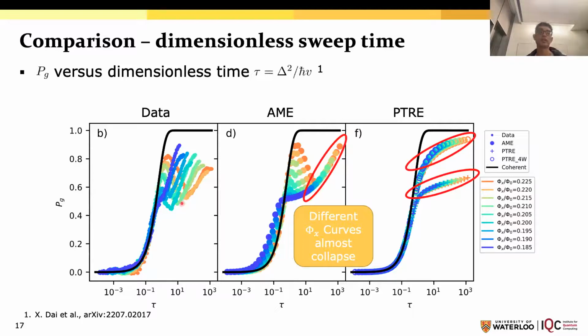Whereas in the experimental data, we clearly see a shift of the final ground state probability towards the coherent limit as we decrease the minimum gap. So this also signifies that indeed we are seeing a transition from the weak to the strong coupling limit.